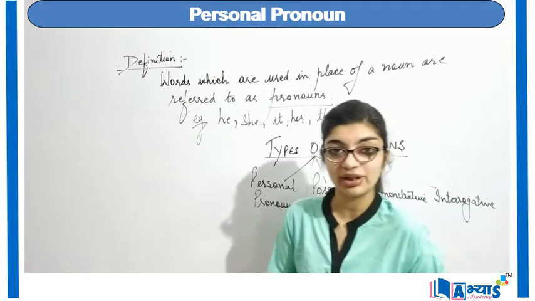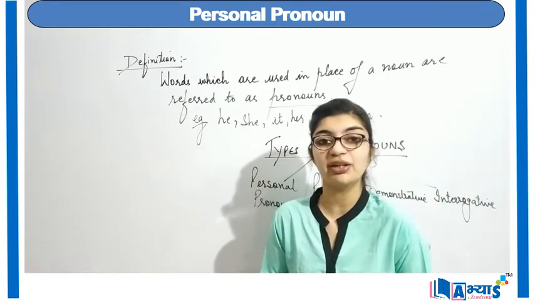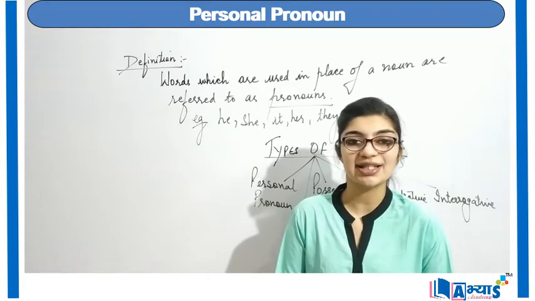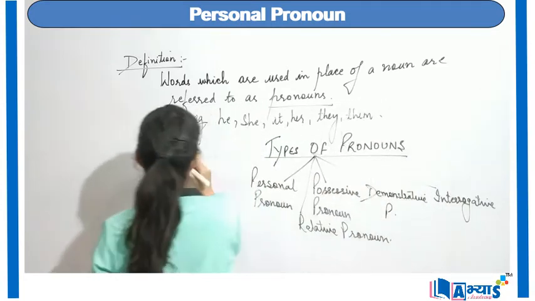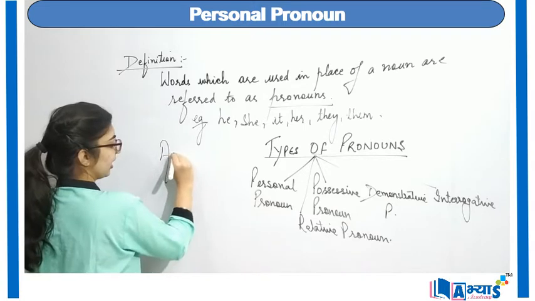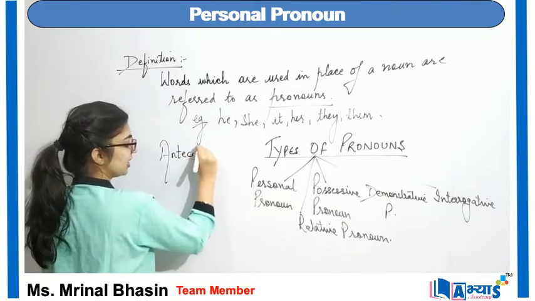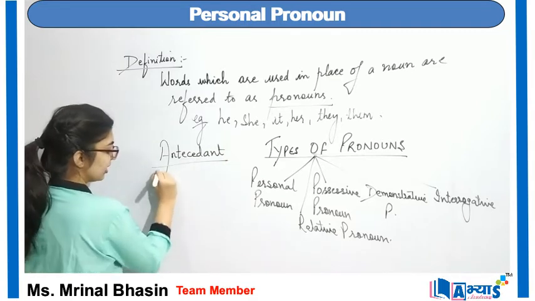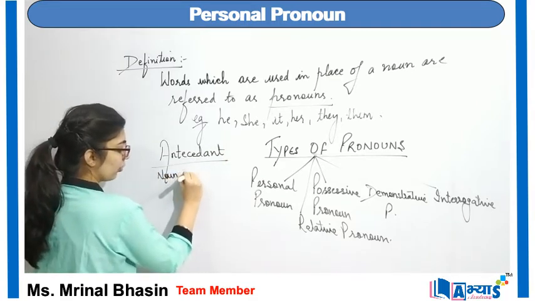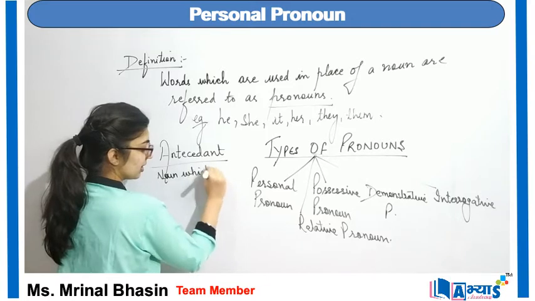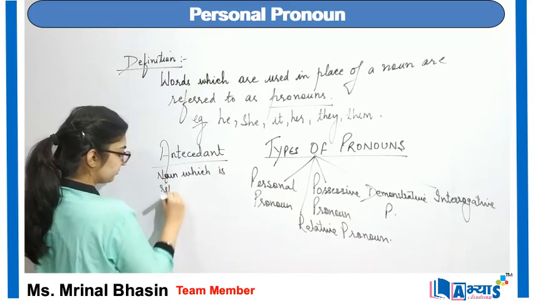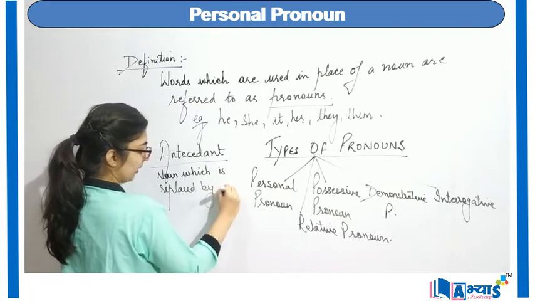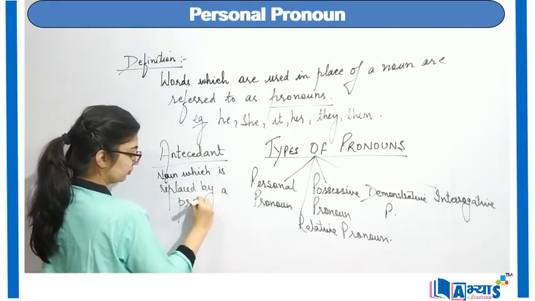Now remember that the nouns which are being replaced by a pronoun are referred to as antecedent. How is it spelled? A-N-T-E-C-E-D-A-N-T. So antecedent, it is a noun which is replaced by a pronoun.